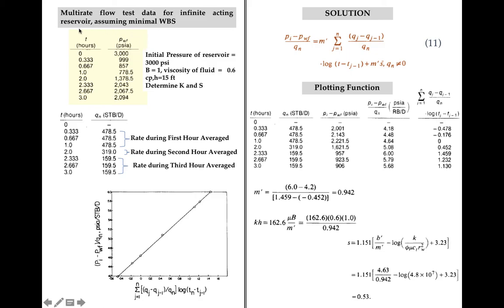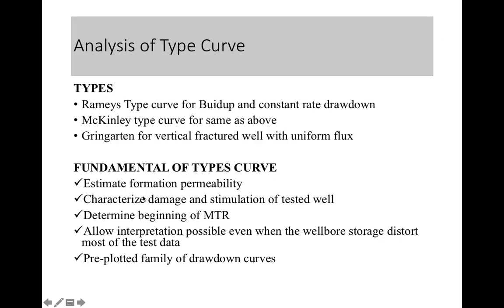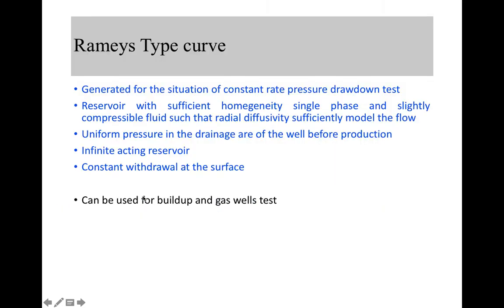And what you can see here is the time versus pressure. So this time and pressures are given. This pressure value is your drawdown pressure, and this Qn, which is here, or you can also see here this Qn.